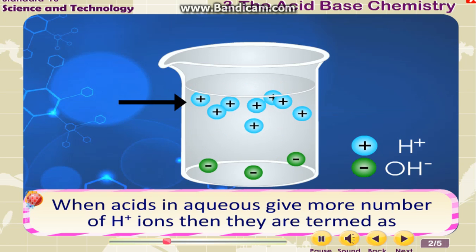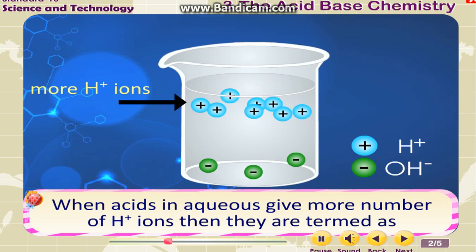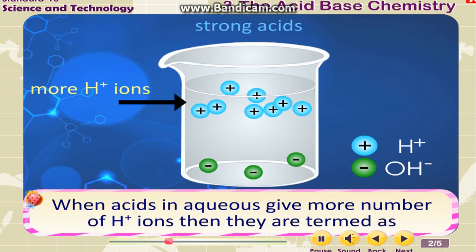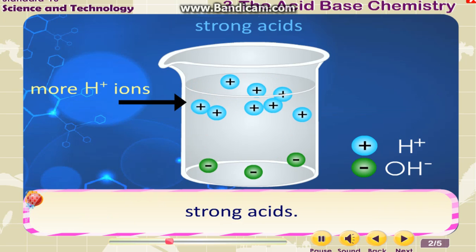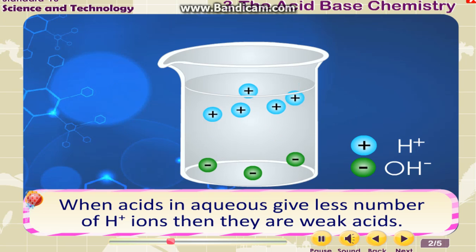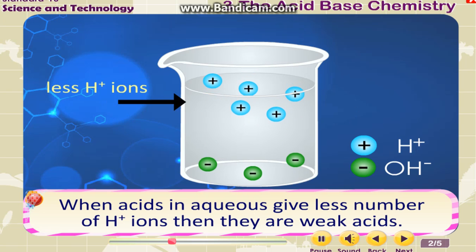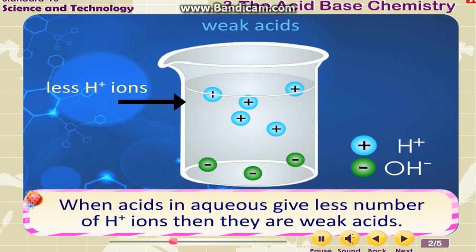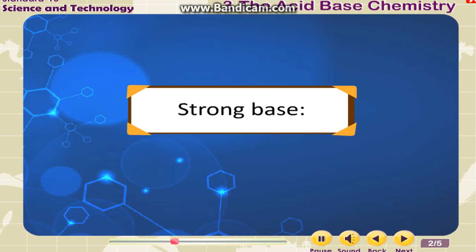When acids in aqueous solution give more number of H+ ions, then they are termed as strong acids. Weak acid. When acids in aqueous solution give less number of H+ ions, then they are weak acids. Strong base.